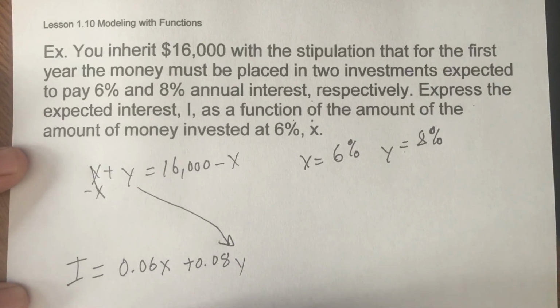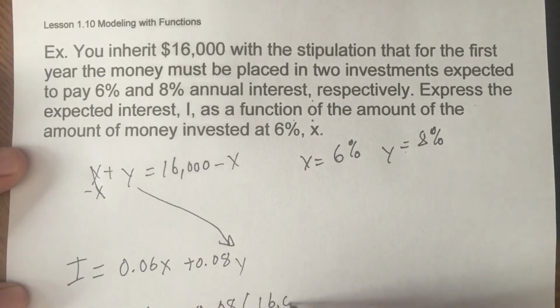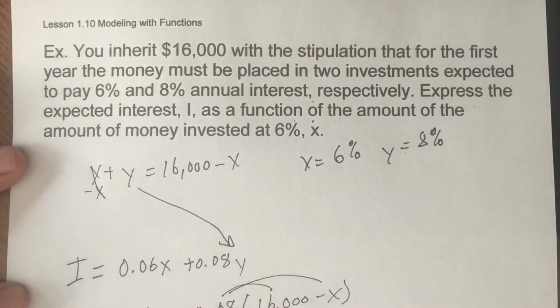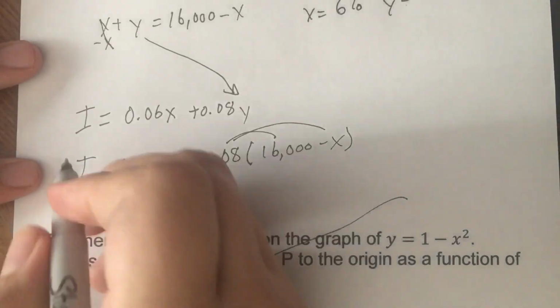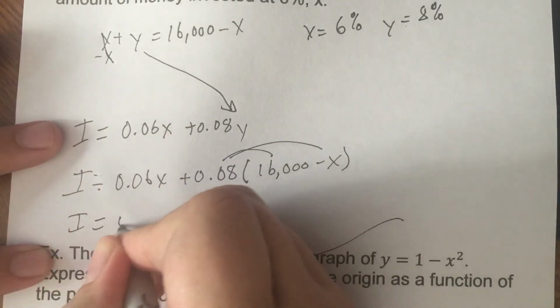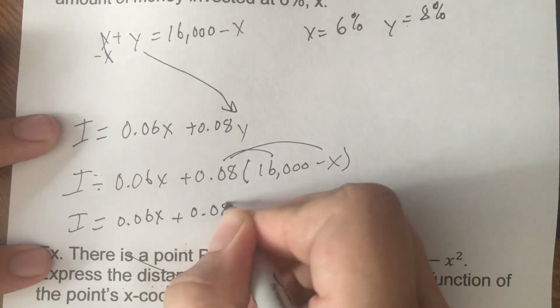So I is going to equal 0.06x plus 0.08 times 16,000 minus x. So distribute that in. So I is going to be equal to 0.06x plus 0.08x.